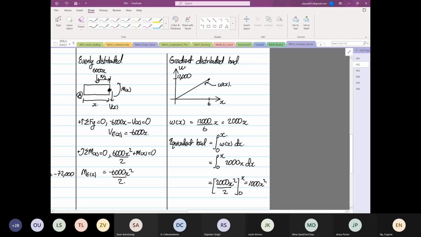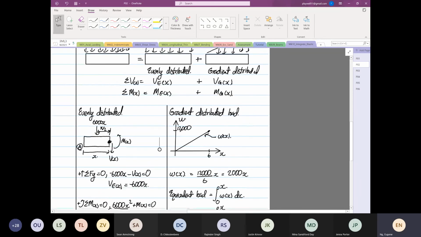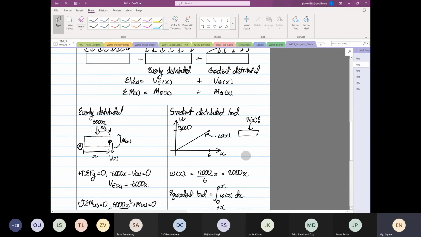Now we cannot just say, I know this. For this case, it's just half multiplied by base multiplied by height. What is the height? You cannot just do that. You have to do it as a function.